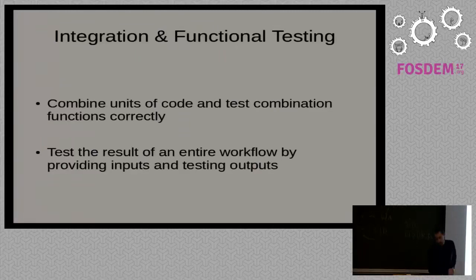Then you have integration and functional testing. So, okay, unit testing, you have a lot of small pieces of code, you just test that the algorithm works. Integration testing, you test that all these modules interact well together. And functional testing, it's the same idea, but from an end-to-end view. Like, for instance, you want to test a job.